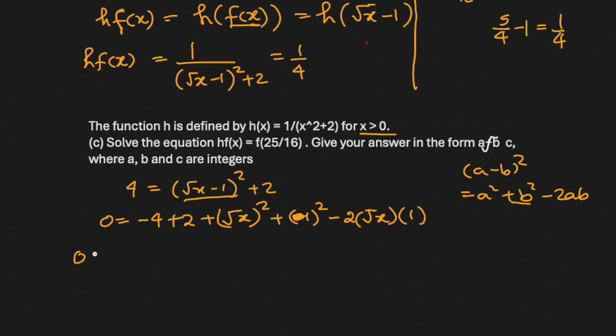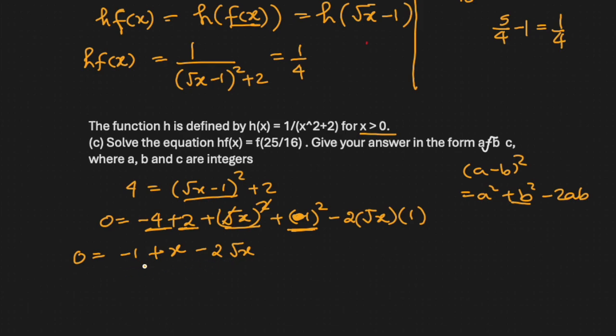So 0 is equal to minus 4 plus 2 is minus 2, and minus 2 plus 1 is minus 1. Okay, this square root and square cancel, so plus x. So this is taken care of, this is taken care of, minus 2 square root x.